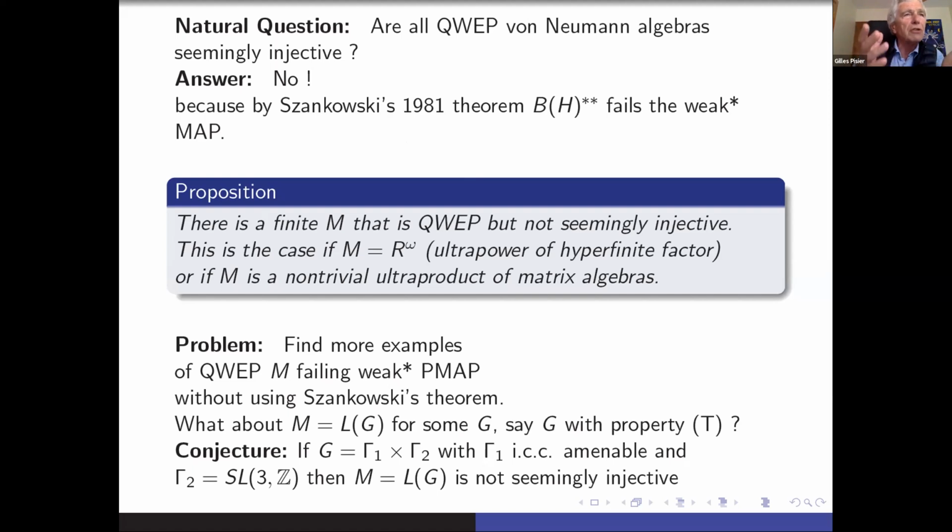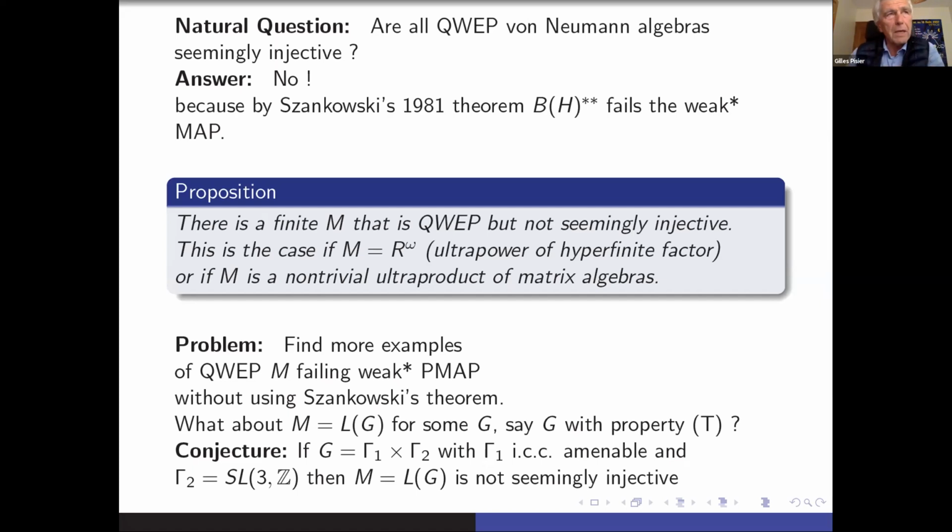That was a major result at the time, and also extremely complicated to prove. The proof is a paper in Acta Mathematica that is very involved. But anyway, it's something we now know, and it implies that the bidual of B of H will fail the weak star approximation property.